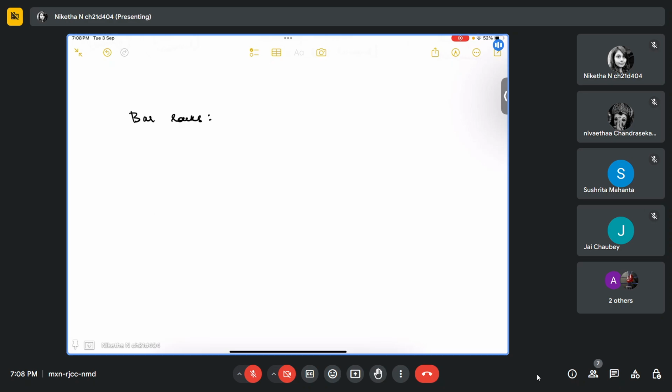So this could be some large objects or solids, and once the objects are removed, they will be stored in a hopper.